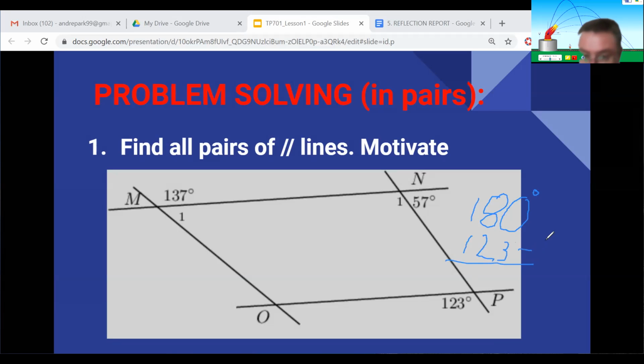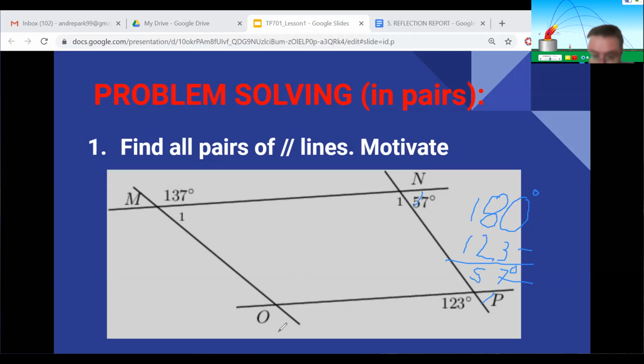In Thailand, we put the minus there, and believe me, it makes much more sense. So that's a minus. 10 minus 3 equals 7, and 8 minus 1 is 7. Minus 2 is 5. What have we got there? 57 degrees. This angle is 57. That angle is 57. So these lines are parallel.